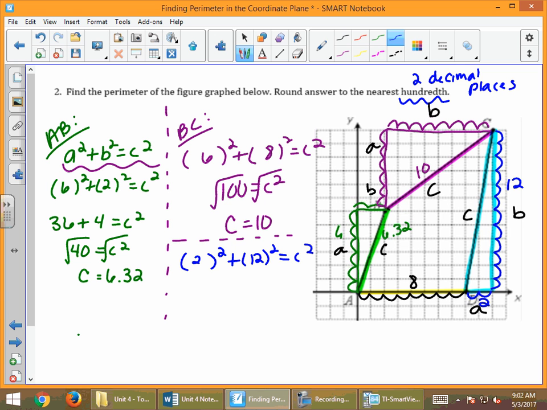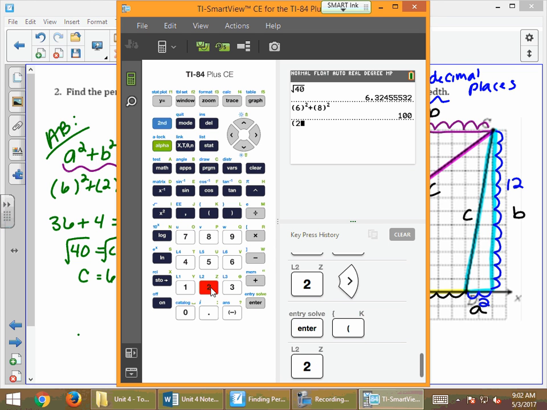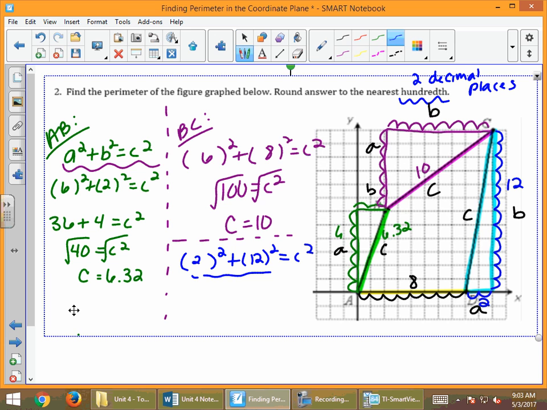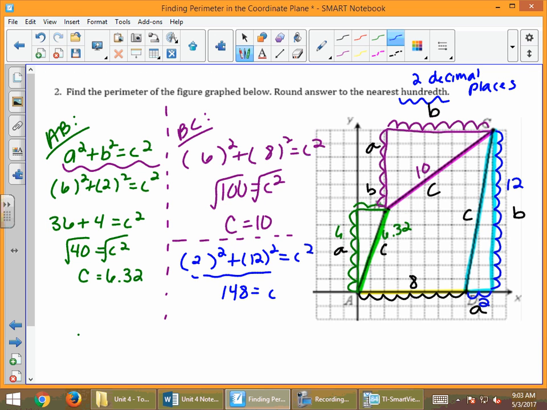Again, to save you some time, just plug all this in one step in your calculator. You can just do 2 squared plus 12 squared, and that gives us 148. Quickens up the process, saves you some time. You plug it in all in one step. So we get 148 equals C squared.